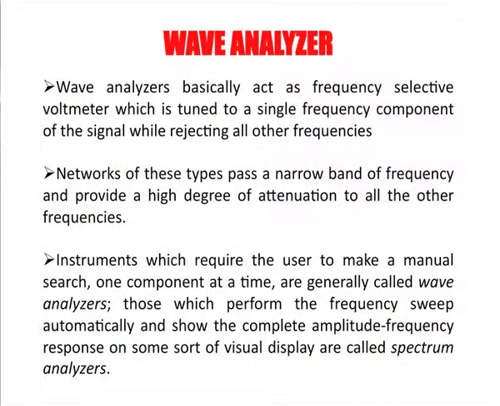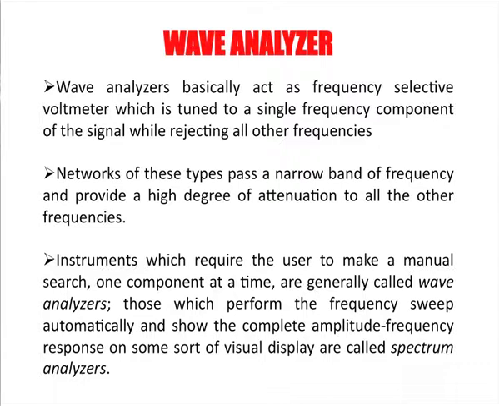So, any type of complex waveform comprises a number of frequency components, and we need to filter those frequency components and determine their amplitude. We use waveform analyzers for such analysis.